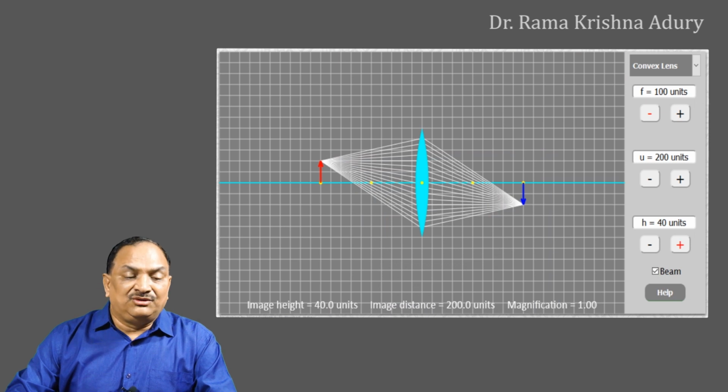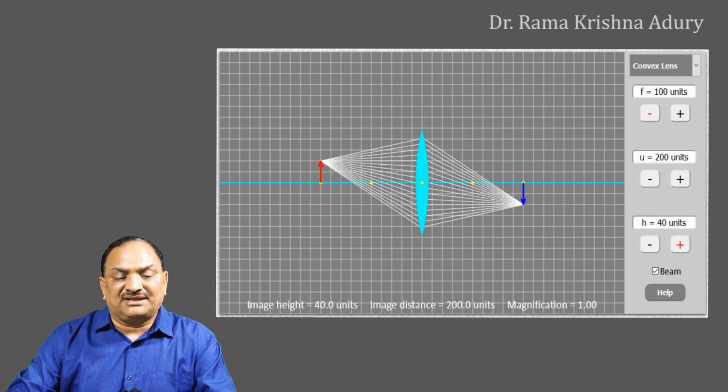Anyway, you have here the center, and this point is the principal focus, and this is the principal axis. On the other side also you have the principal focus, and again the center of curvature here.